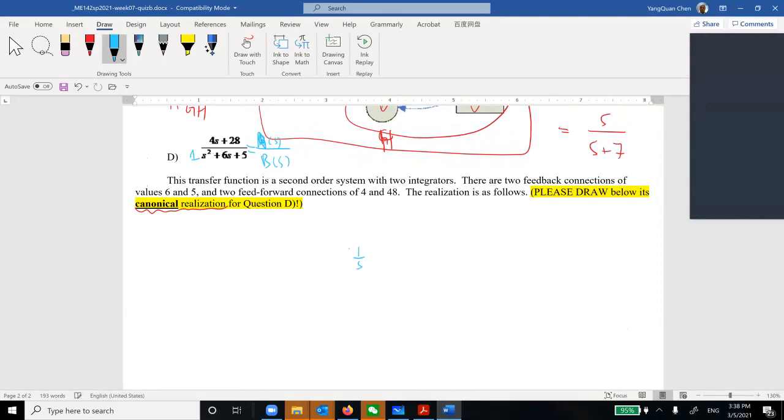So I put this one here, I put this one here, okay? So what I'm going to get here is sigma. So this is my F, this is my Y. So what I do is this is a plus, this should be also plus here. So this will give me -6, right?